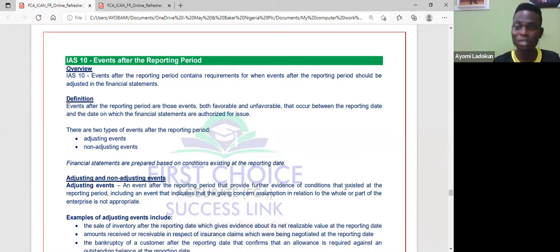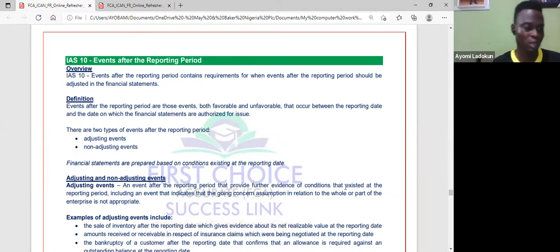Then from there, you take a look at IFRS 5. It said an asset can be classified as held for sale if its carrying amount will be recovered through sale rather than continuing use. And we said for you to classify an asset as held for sale, 2 basic conditions have to be met. 1, the asset is available for immediate sale in its present condition, and the sale must be highly probable. For that to be the case, there are 5 conditions that must be met.